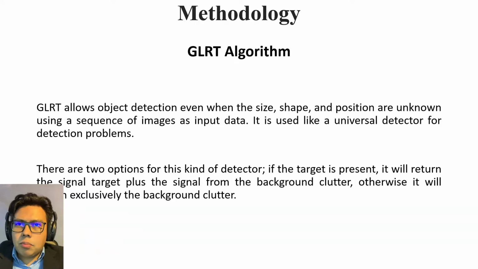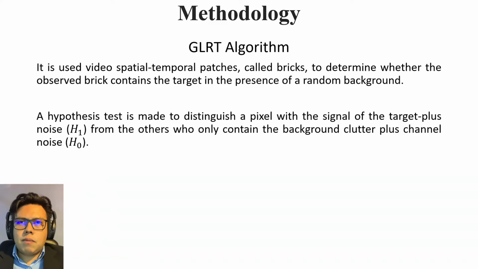If the target is present, there will be a return of the target signal plus the signal from the background. Otherwise, it will return exclusively the background clutter. Video spatial-temporal patches, called bricks, are used to determine whether the observed brick contains the target in the presence of random background.